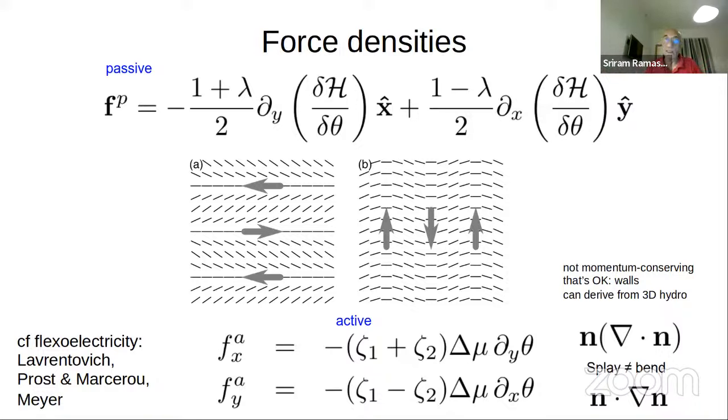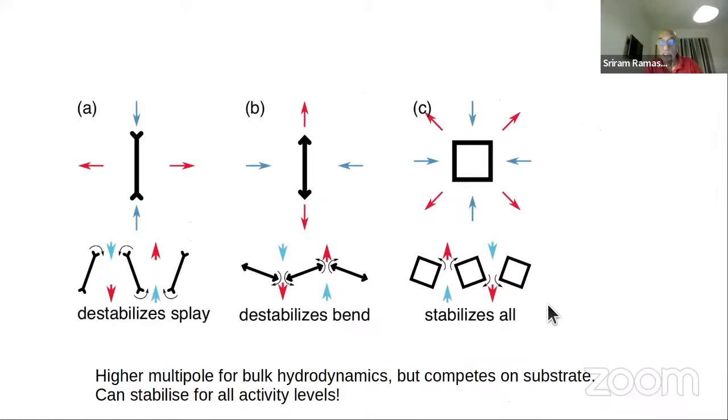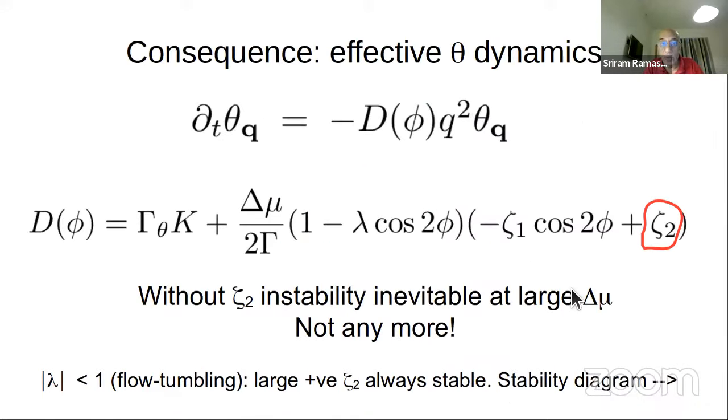This is too technical to do without giving you many more slides. But in effect, once I do this, the effective orientational dynamics of the angle has, algebraically, I won't even try to show you the cartoon.